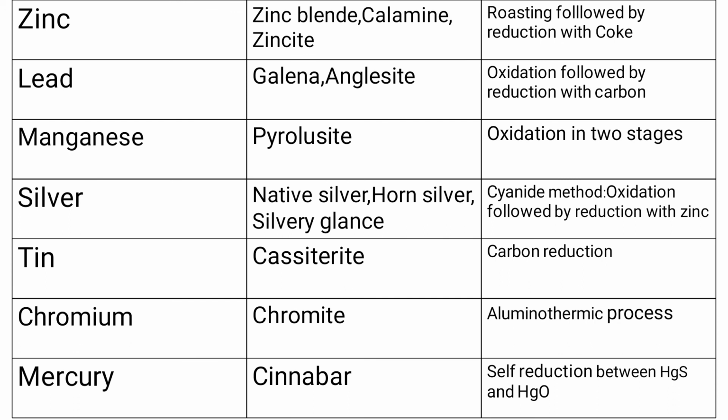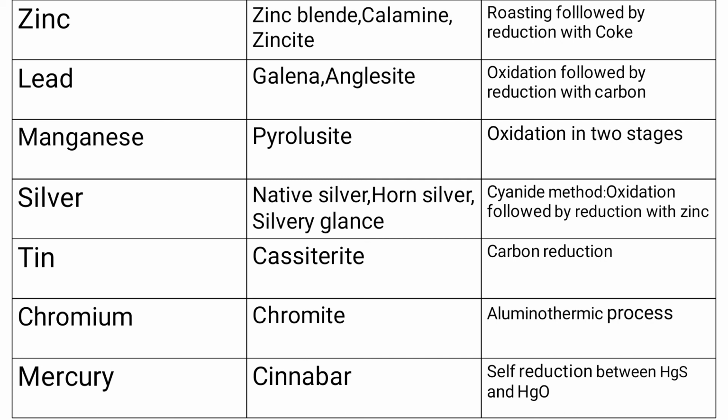Zinc exists as zinc blende, calamine and zincite. Zinc can be extracted from its ore by roasting followed by reduction with coke. Lead exists as galena and anglesite, and it is extracted from the ore by oxidation followed by reduction with carbon. Manganese occurs as pyrolusite and is extracted by oxidation in 2 stages.